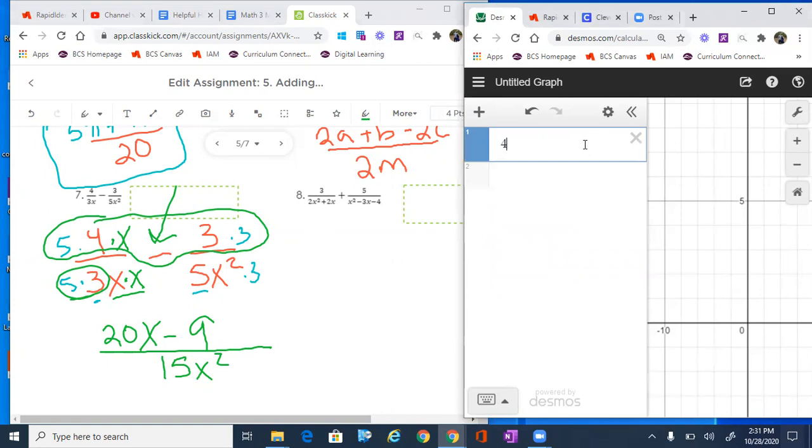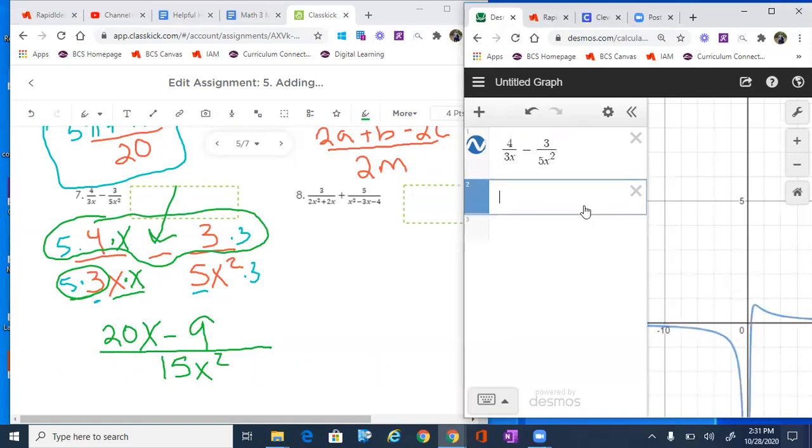So I'm going to type 4 divided by 3x minus 3 divided by 5x squared. There's my graph. It's pretty sweet looking. And then I'm going to type in the next part, which is 20x minus 9, and divide, and I'm going to put 15x squared.